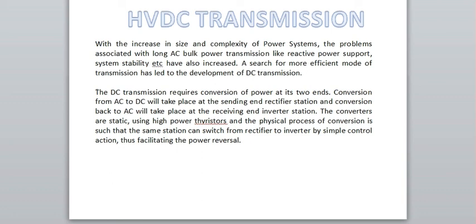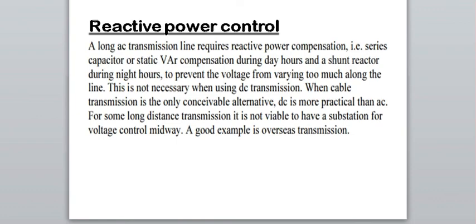For DC transmission we need a rectifier and an inverter: a rectifier at the sending end and an inverter at the receiving end. That is DC transmission. Next, how is reactive power controlled? In AC transmission, reactive power control is required.